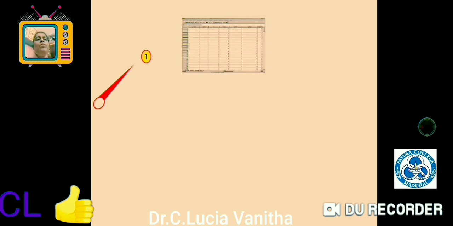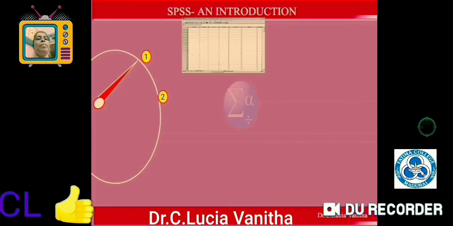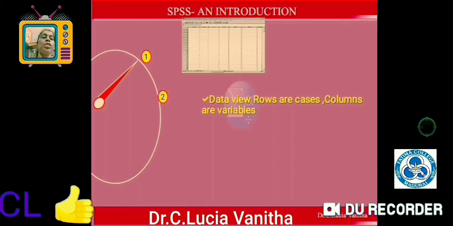The columns represent the variables. Am I clear to you? This is the data view. The columns represent the variables, and the rows represent the cases. Am I clear to you?